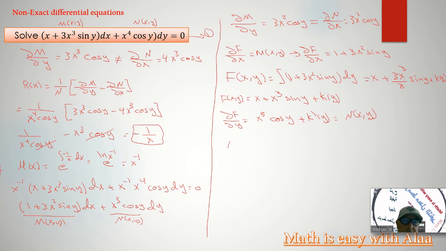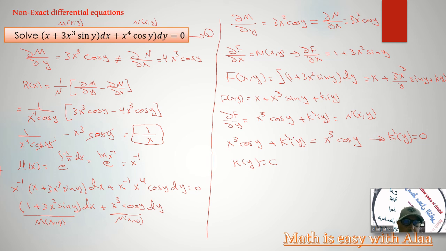So x³ cos y plus k prime(y) equals N(x,y), which is x³ cos y. So k prime(y) equals 0. Integrate both sides, k(y) equals a constant.